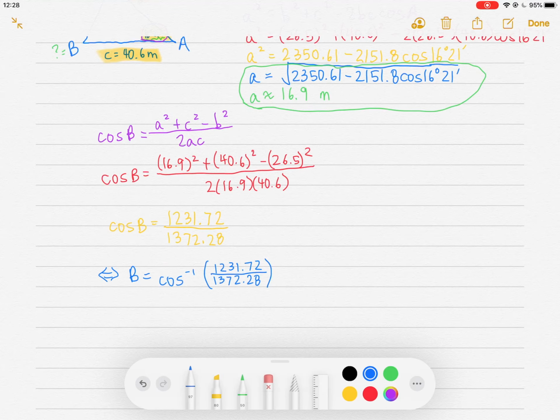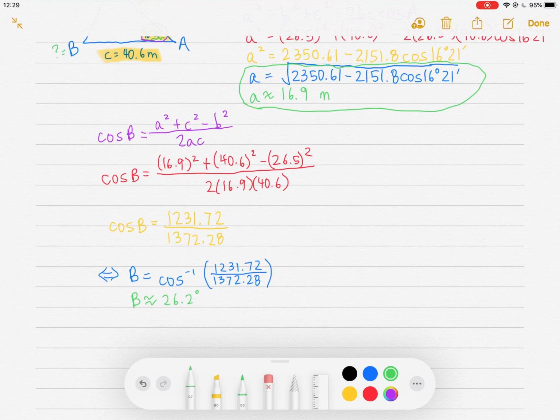So cosine inverse of 1231.72 divided by 1372.28. Make sure you're in degree mode, and our big B is approximately 26.2 degrees.